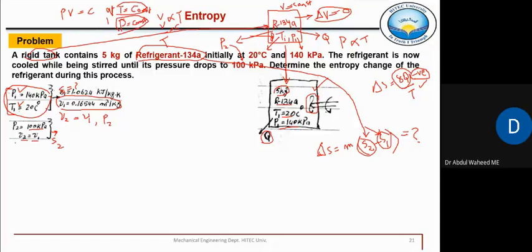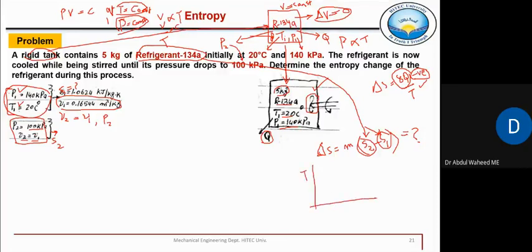So maybe the second state is in the mixture region, or it is still in the gaseous region and only the temperature has dropped, or maybe it is in the liquid region. All these possibilities may exist.